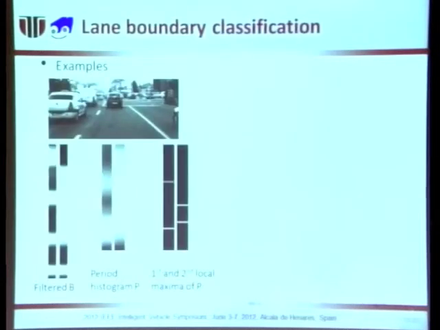Two examples are illustrated. At the top, we see the test case image. On the left, the filtered binary signal, the period histogram, and the first and second local maxima of P. I would like to draw attention to the local maxima: for the left side delimiter, the second point has the position 3 times the value of the first one.